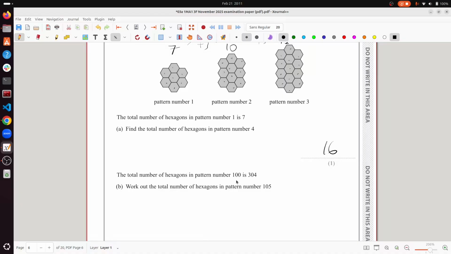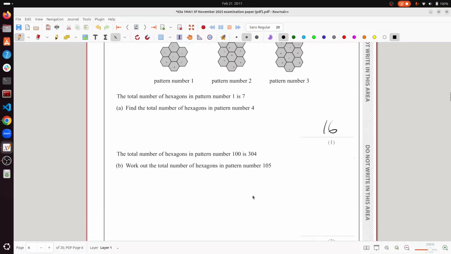Work out the total number of hexagons in pattern number 105. So there are two ways we could do this. Since we know that the common difference is plus 3, we could just start adding from the 100th one, or we could find the nth term and then substitute 105 into it.